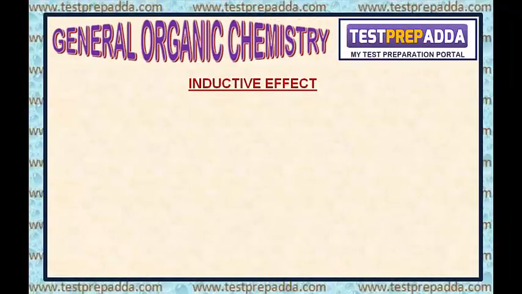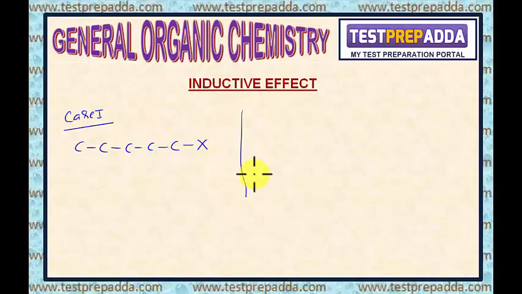Dear students, in this session, I will talk about inductive effect. Consider two cases. If I write case 1, where a carbon chain is attached with X. Case 2, here a carbon chain is attached with Y. X and Y can be atoms or groups.